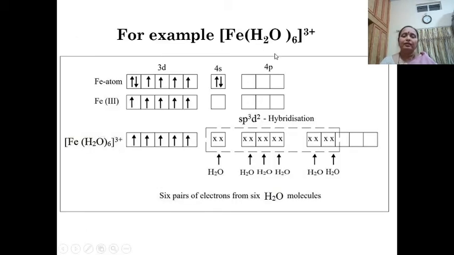So in this example, what do we study is, in the ground state, iron atom has 4s2 3d6. In its +3 oxidation state, it loses 2 4s electrons and 1 d electron. So it has 5 unpaired electrons. Though it has 5 unpaired electrons, in this case it is not using these 3d orbitals, but it uses the 4d orbitals.